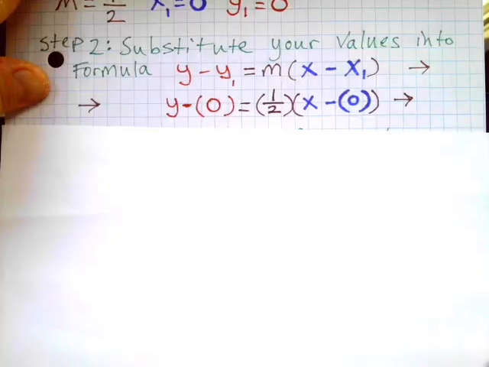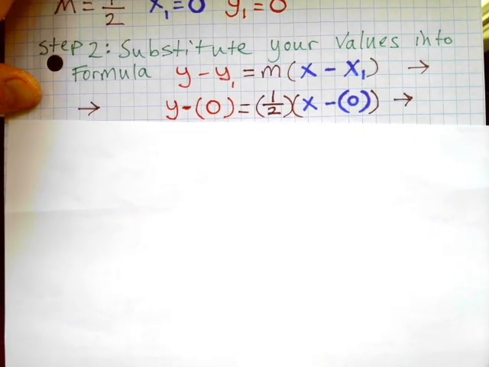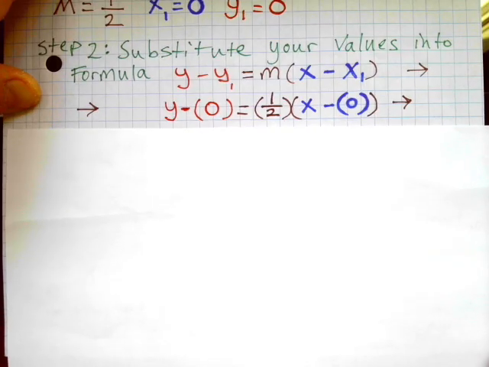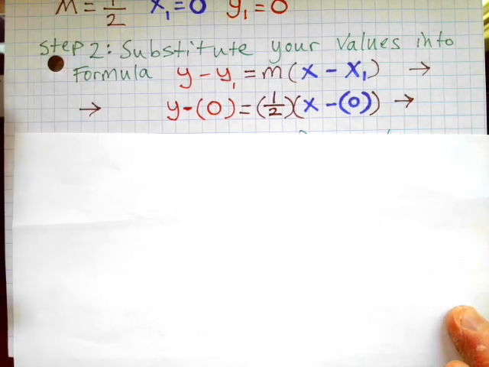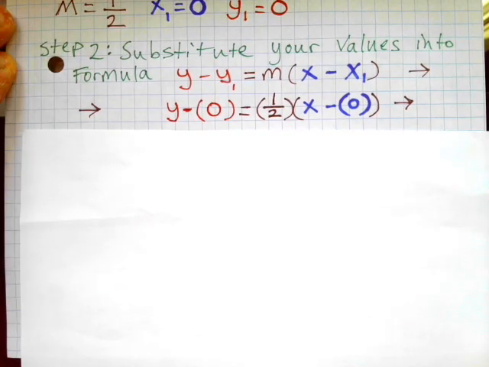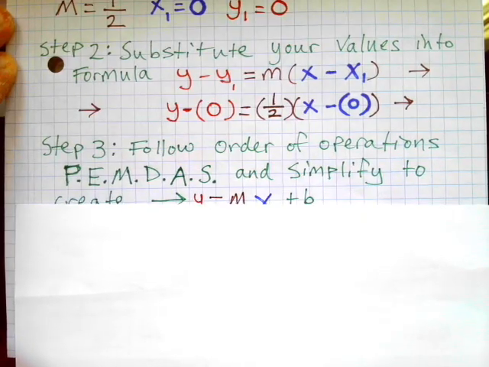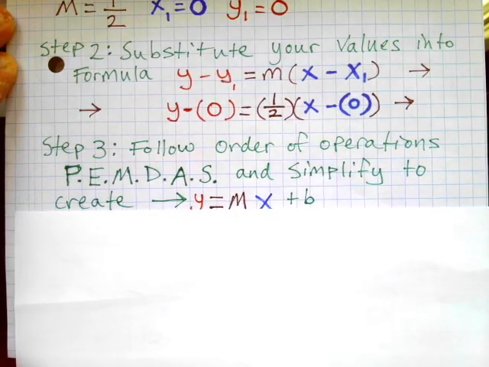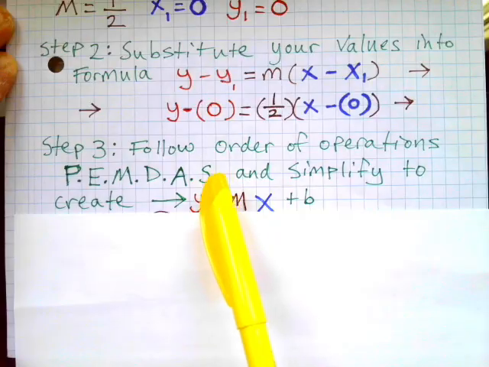Now I'm going to simplify and solve for y because I'm trying to find the equation given a slope and one pair of ordered pair values, x and y values. So follow the order of operations in simplifying. Please excuse my dear Aunt Sally, right? Parentheses are first, then exponents, multiply, divide, then add and subtract.